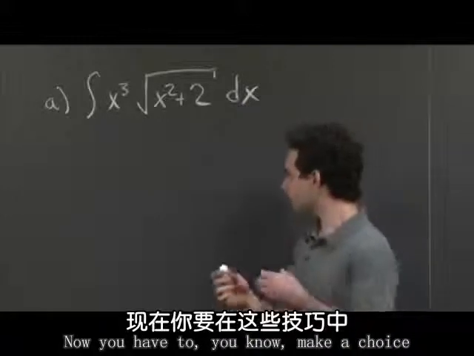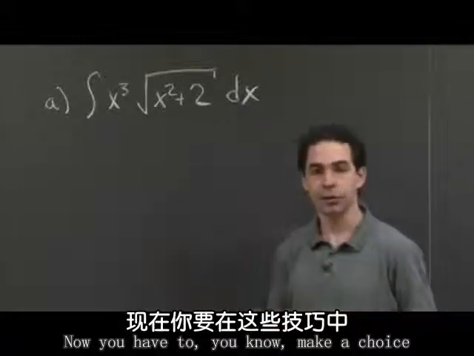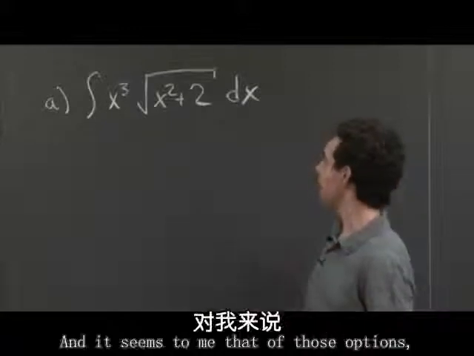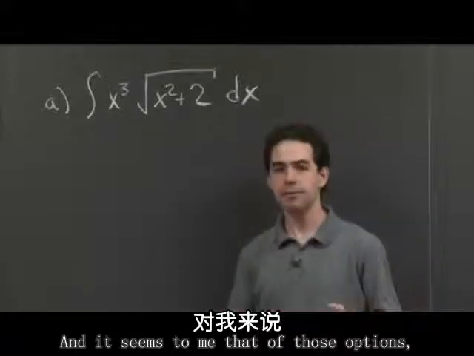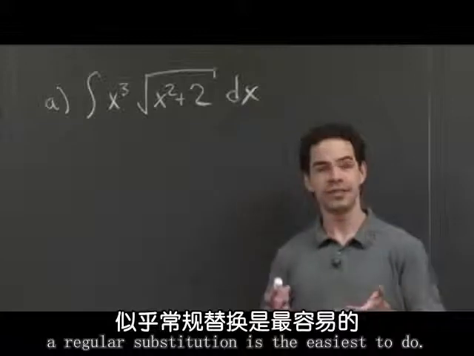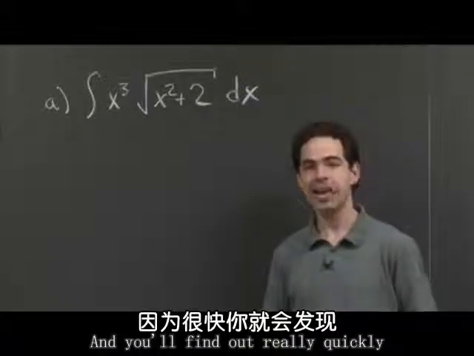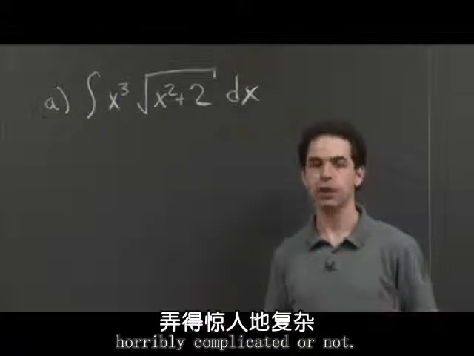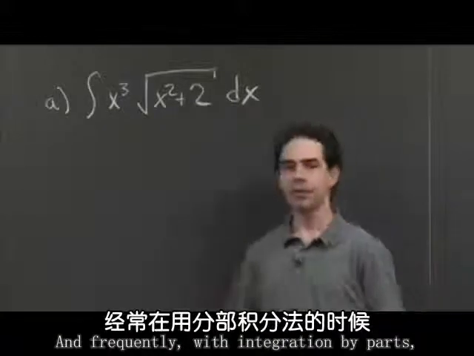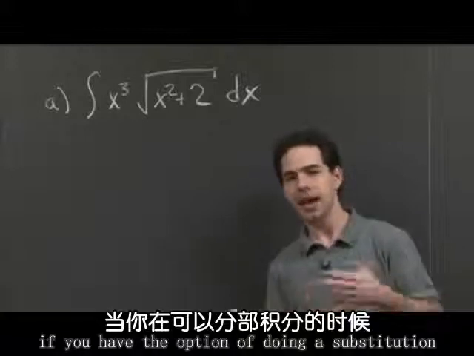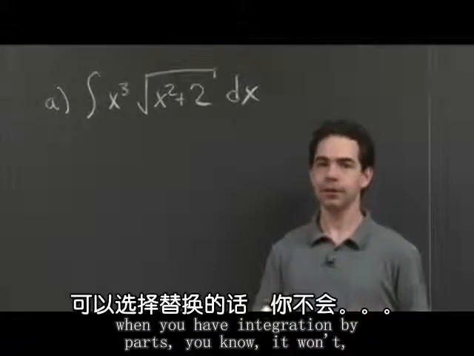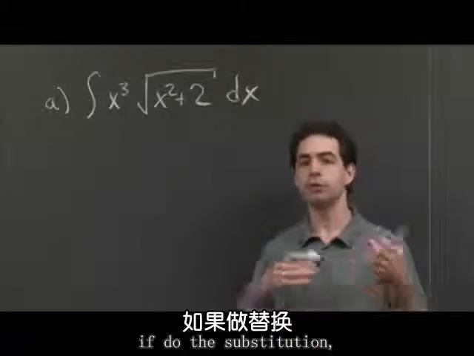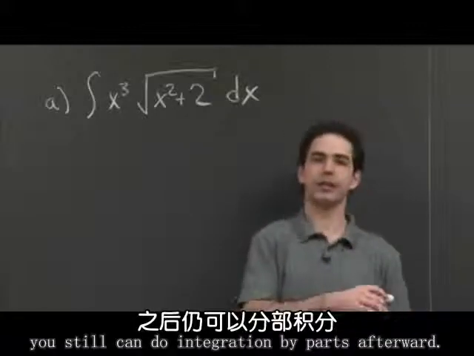Now you have to make a choice among which of these to try. It seems to me that of those options, a regular substitution is the easiest to do. And you'll find out really quickly whether you've made your life horribly complicated or not. Frequently, if you do the substitution, you still can do integration by parts afterward.